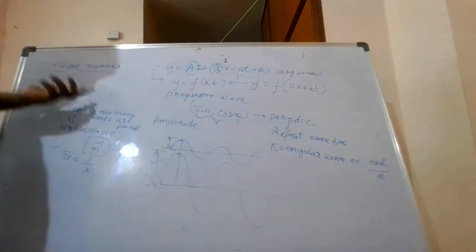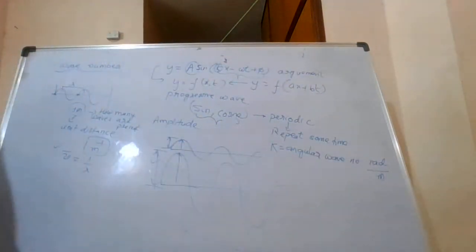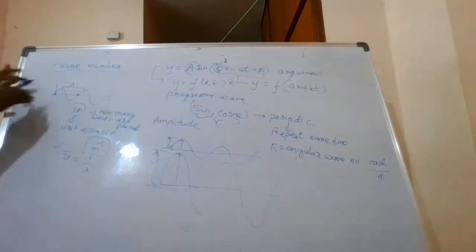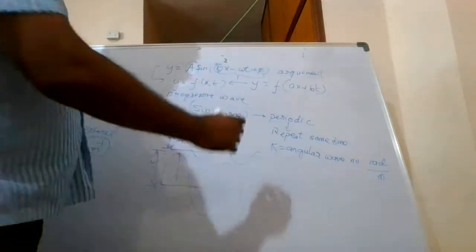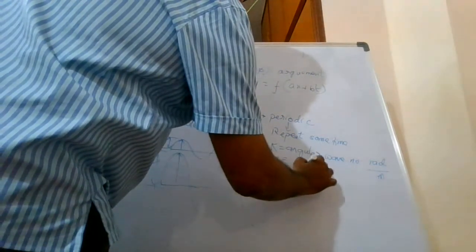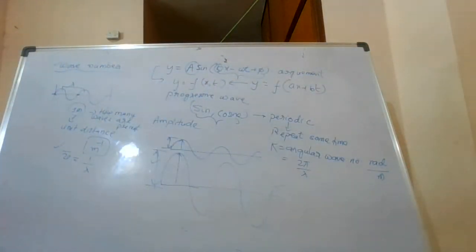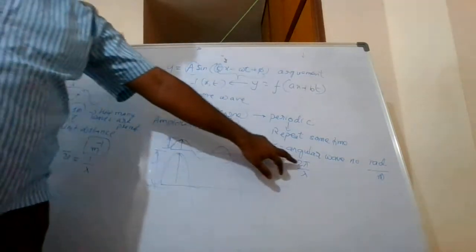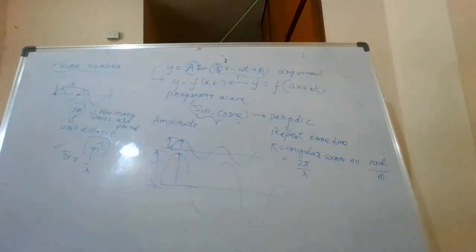So in 2π radians, how many waves are there? So what is one cycle? One cycle corresponds to 2π radians. So it is given by 2π divided by lambda. And what are the units? 2π is in radians, divided by meter. So this is about angular wave number.